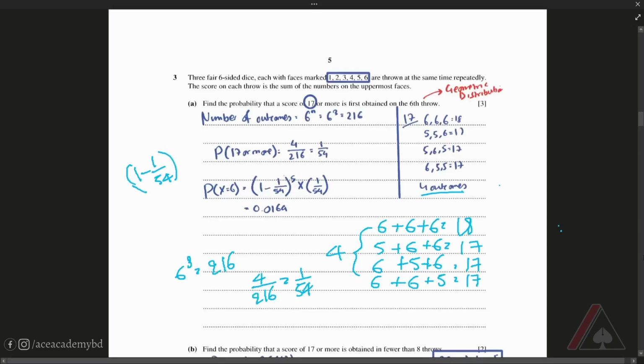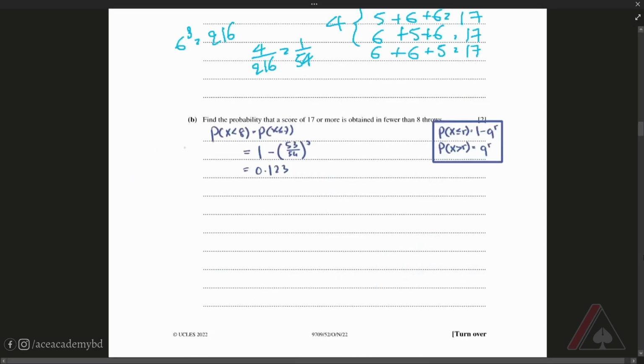So the first 5 times it was a fail. It was not 17 or above. And on the 6th try, it was 17 or above. So we do the multiplication and we find 0.0169. This is our answer.